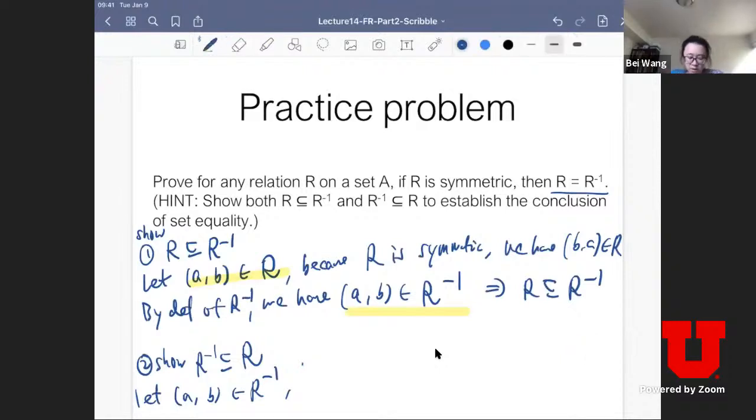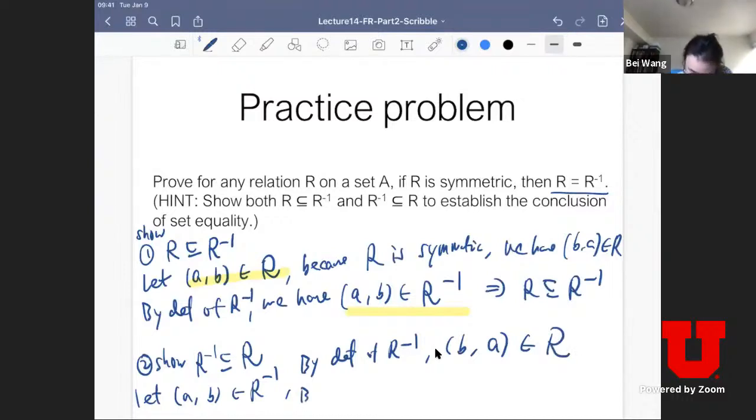We are going to use the definition of R inverse first. So by definition of R inverse, (a, b) is in R inverse if and only if (b, a) is in R. And now I'm going to use symmetry. Since R is symmetric and (b, a) is in R, we have (a, b) is also in R.